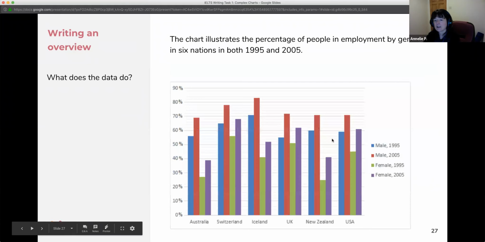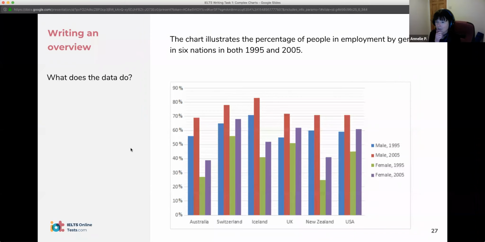So let's have a look at what we would put in the overview. We're going to look at the different categories and what the different categories do. If we look at the years, 1995 and 2005, can you see a general trend there between the years? Okay, good. So what's the general trend?